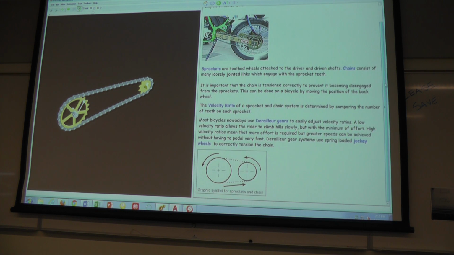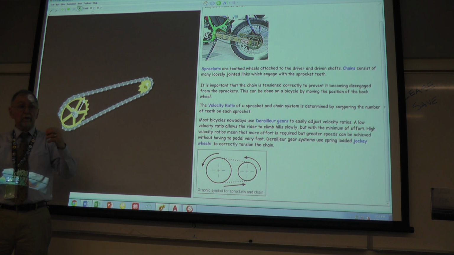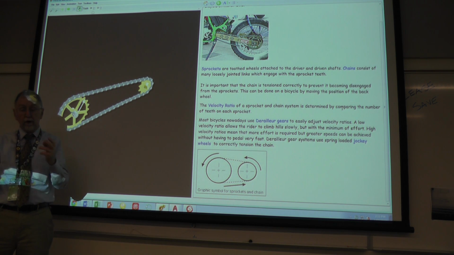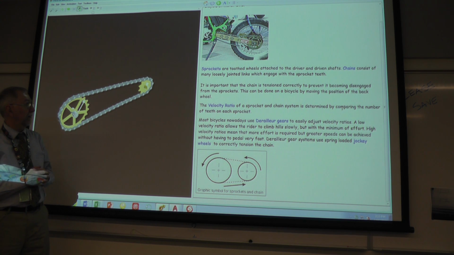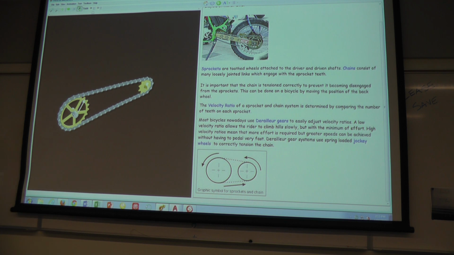There's also the fact that these chains do loosen up over time. The sprockets themselves will start to wear, and the chain itself will start to lengthen just a little bit, not quite as much as a V-belt, but they do become slack. And if that's the case, then I might want to put a little idler mechanism in there.